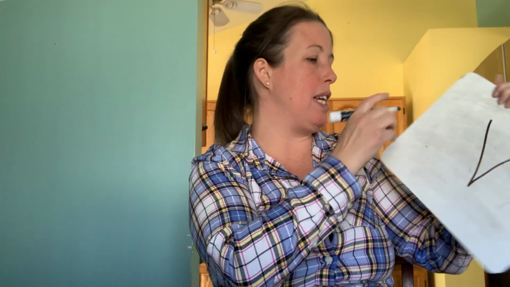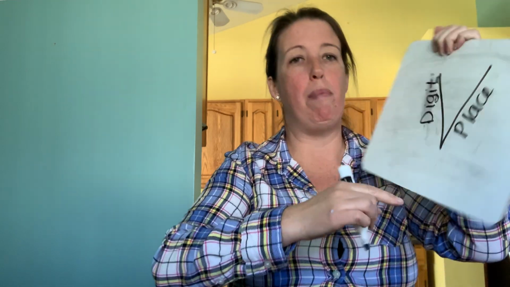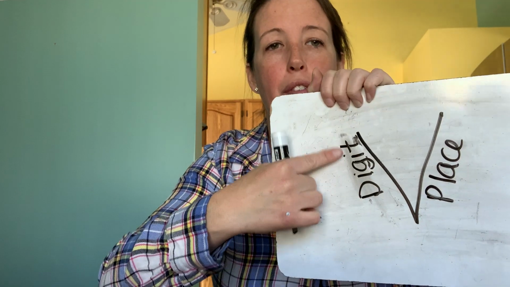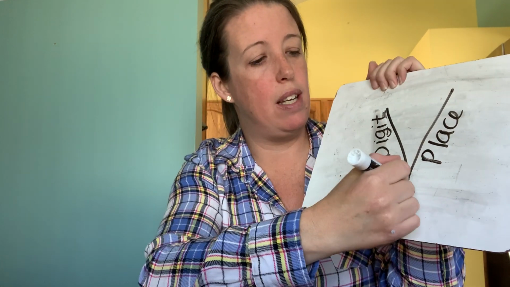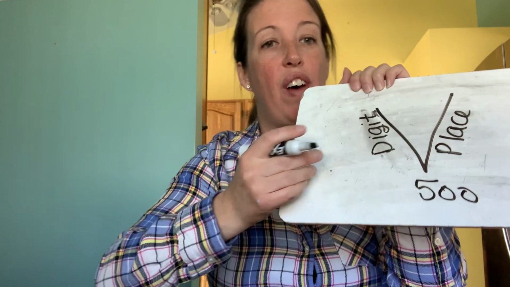And I actually like to make a little representation of V for value here. And I like to do it like this. I like to say digit, place. Let me write it that way. The digit and the place make up the value. So if I have a 5 in the hundreds, the value is 500.